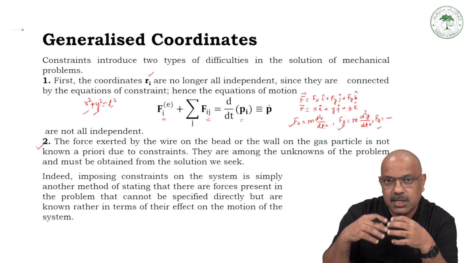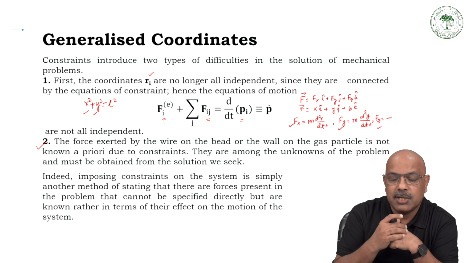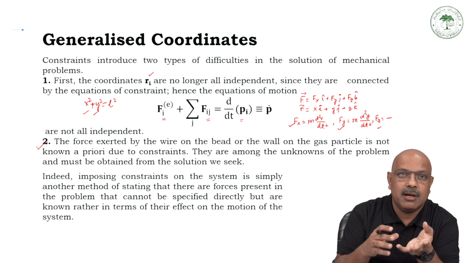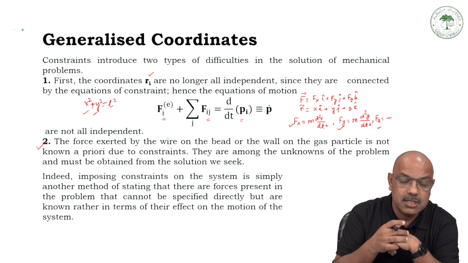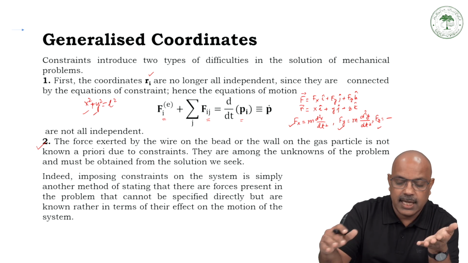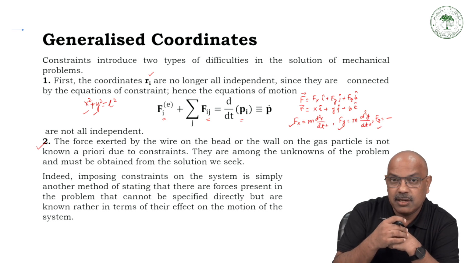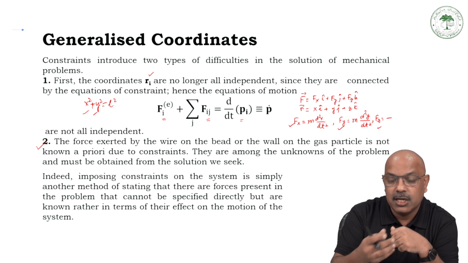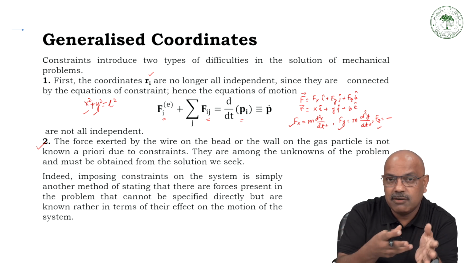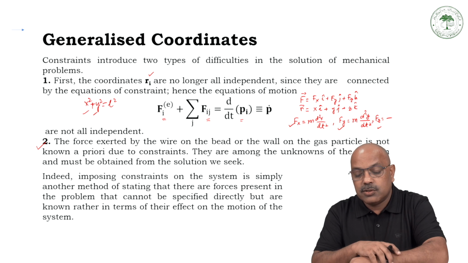Because of the constraint you impose on the system, there are certain forces which act on the system. For example, if a block is on a surface and your constraint is friction, then if I am pulling or pushing that block, the friction force is acting on that system. That is because of the constraint.